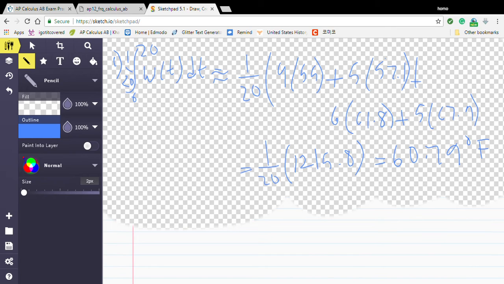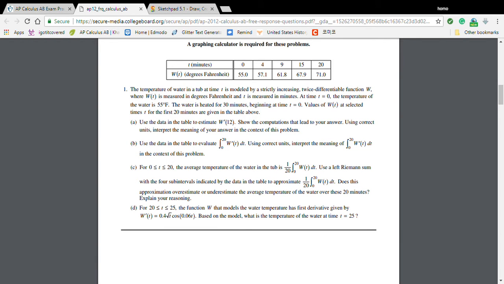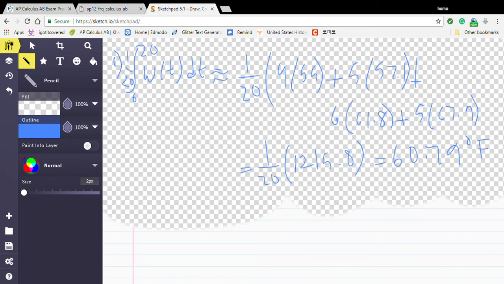Now, is this an overestimate or underestimate? So W of t is increasing, and this is a left Riemann sum.